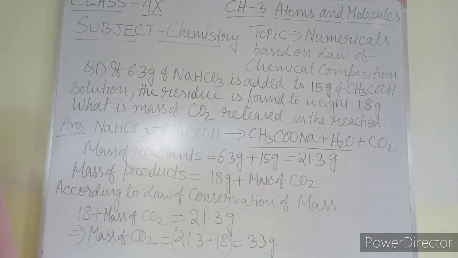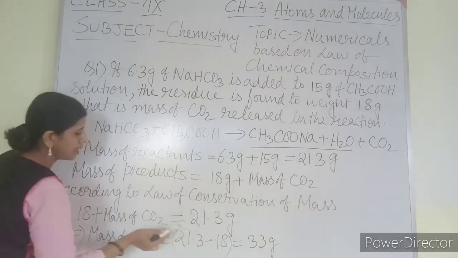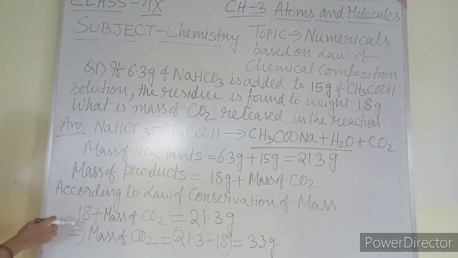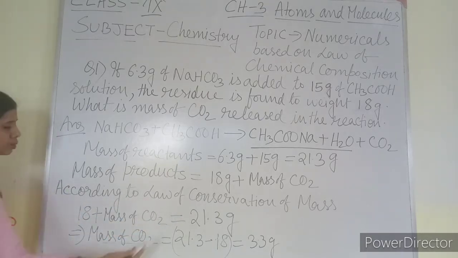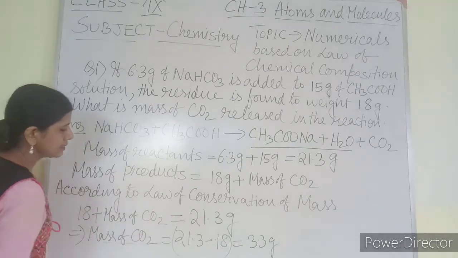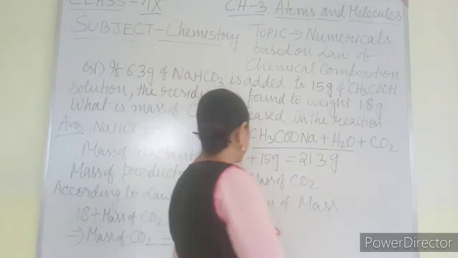So 18 plus mass of CO2 gives 21.3 gram. So what is the mass of CO2? 21.3 minus 18, that is equal to 3.3 gram.